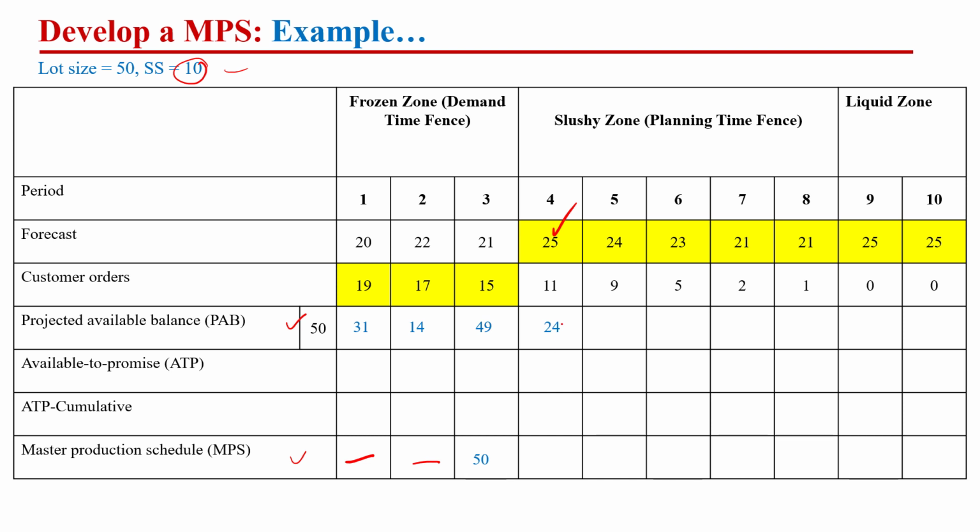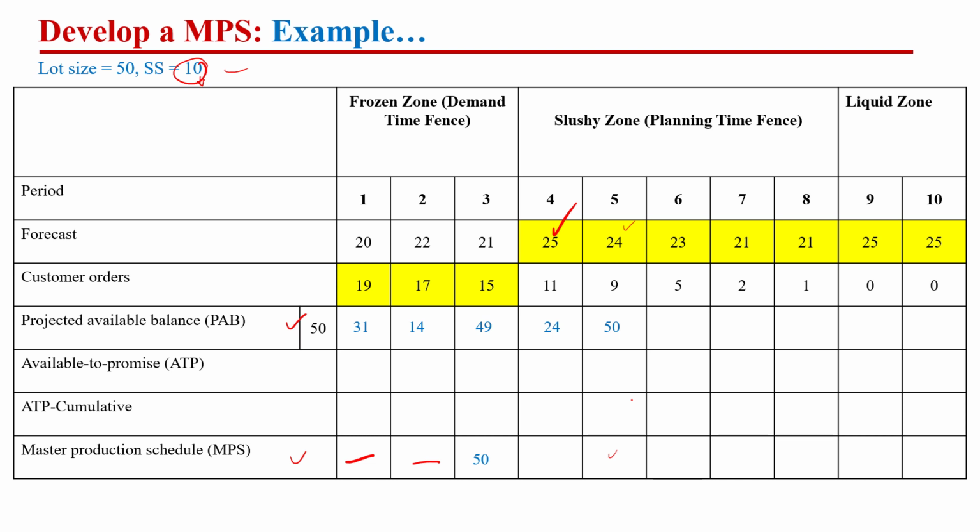So this 24 minus 24 is going to be 0. Although with the help of this inventory I am able to meet this demand, as you can see, once we meet this one, our inventory level is going to reduce below the safety stock level. Therefore we have to produce within this time period.